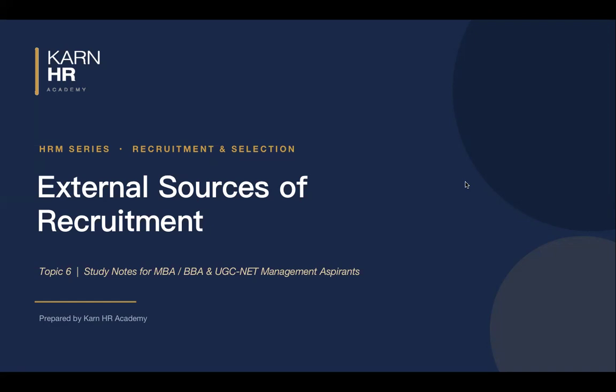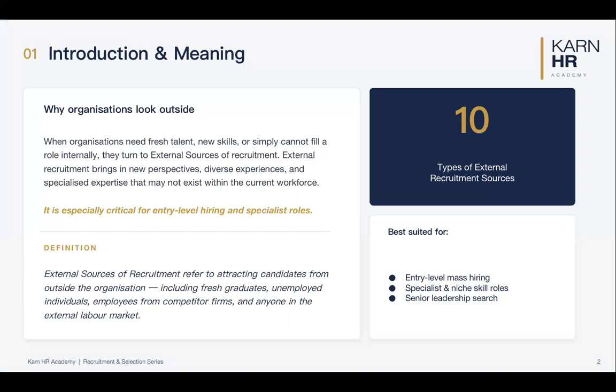As we all know, recruitment is the process of attracting qualified candidates for job vacancies. When organizations look for talent from outside the company, it is known as external recruitment. Introduction and meaning: why do organizations look outside?